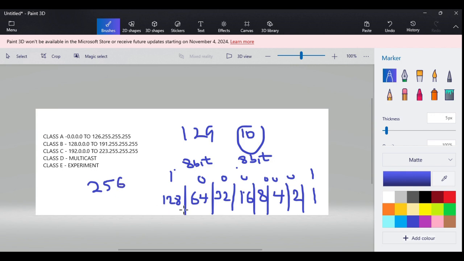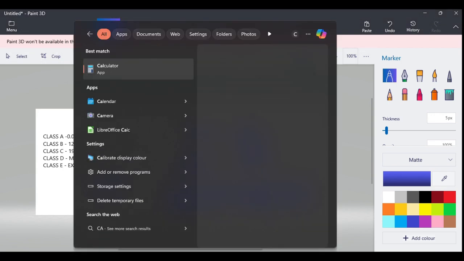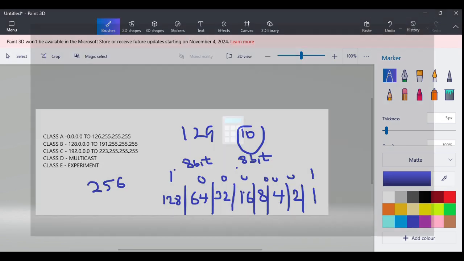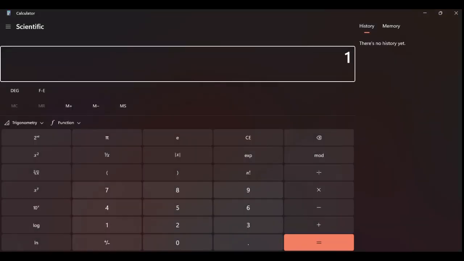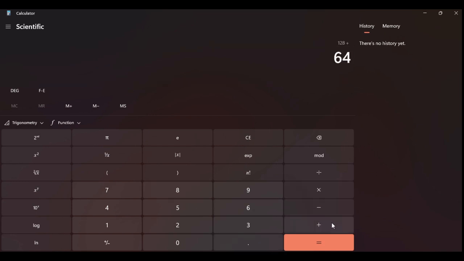Let's do that together on the calculator: 128 plus 64 plus 32 plus 16 plus 8 plus 4 plus 2 plus 1.